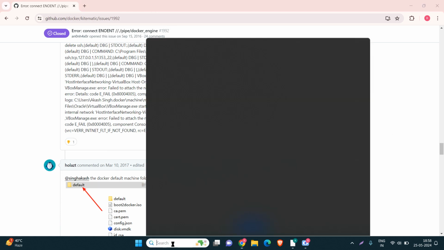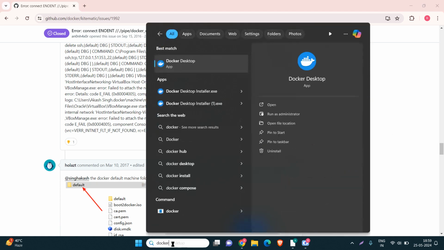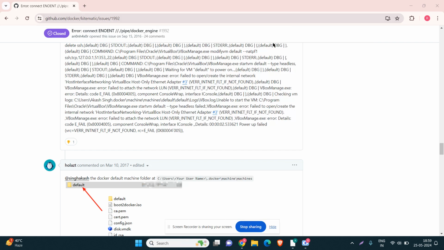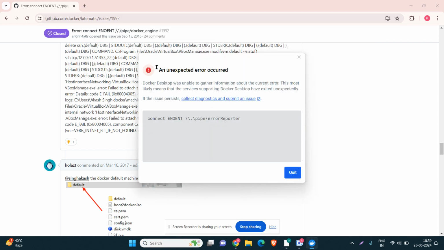So let's discuss. Basically, the problem which you will be facing is when you open your token issue, and this is something related to the permission of the application. Right?